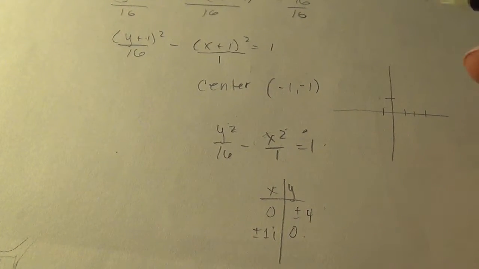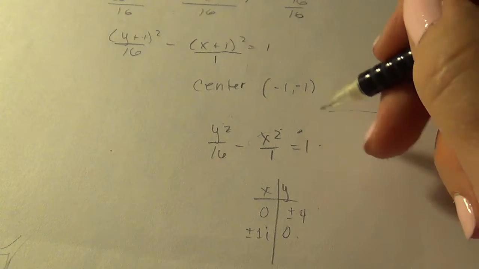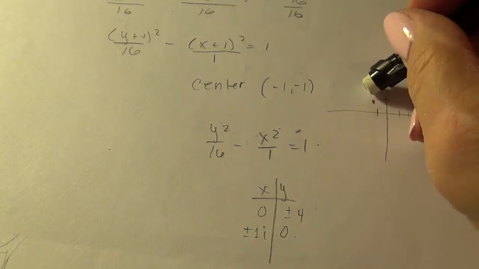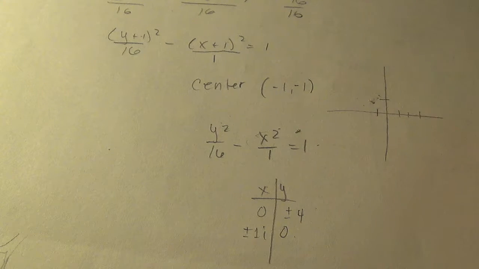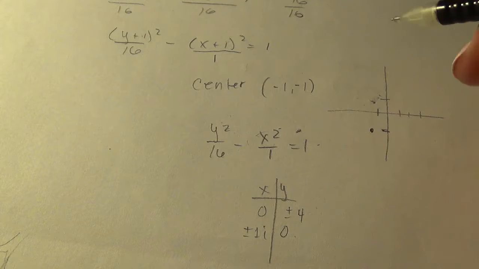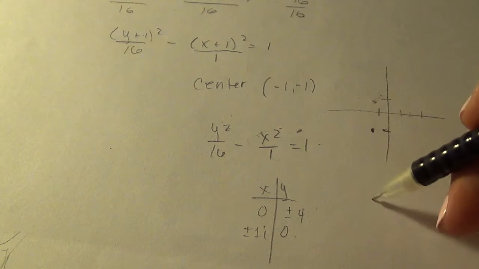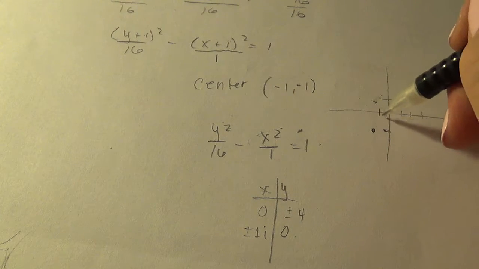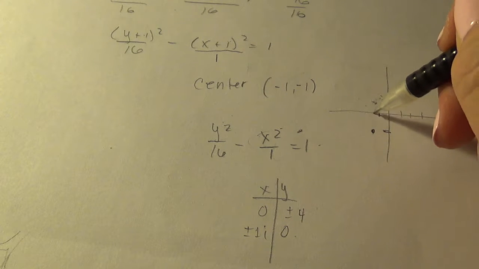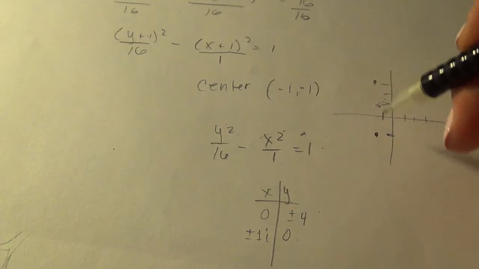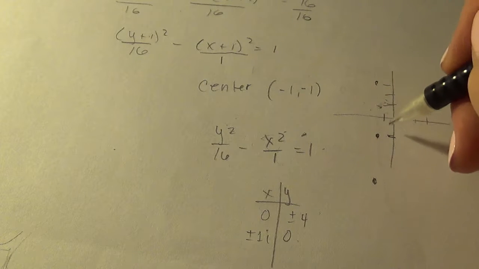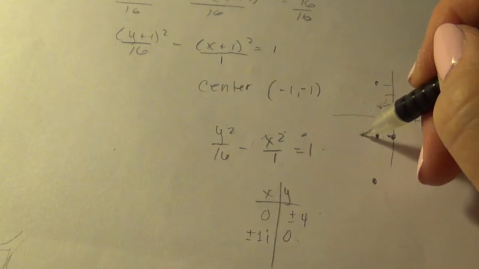So I'm going to find the center, -1, -1. Oops, I went up. -1, -1 right there. And from here, I'm going to go up and down 4. 1, 2, 3, 4, and down 4, and over 1 on both sides.